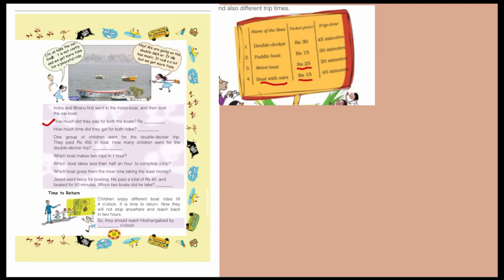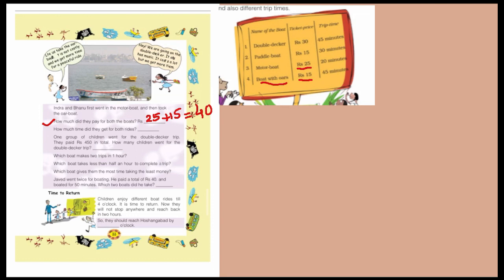So we have to add 25 and 15. 5 plus 5, 10, 0. 1 will be carried. 2 plus 1, 3, plus 1, 4. So the answer is rupees 40.